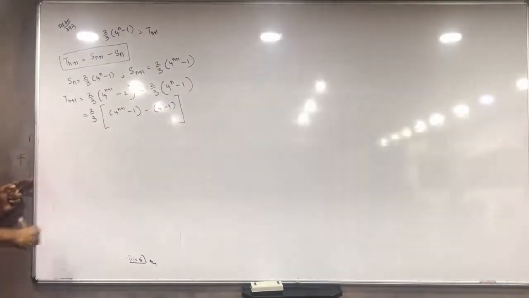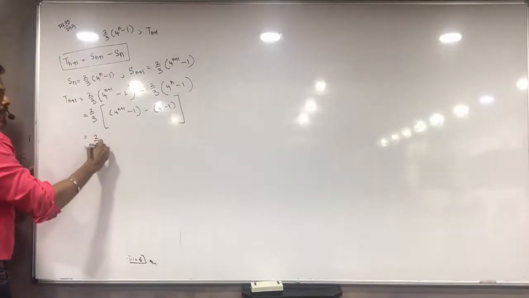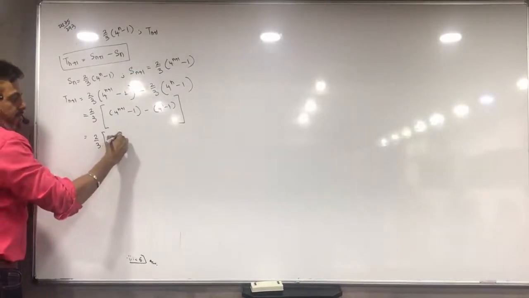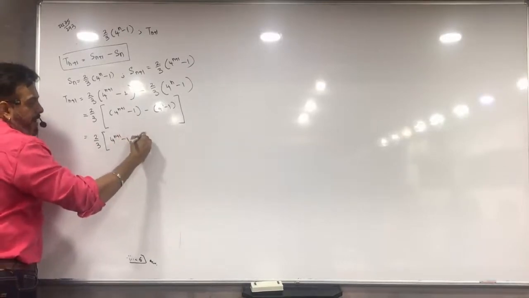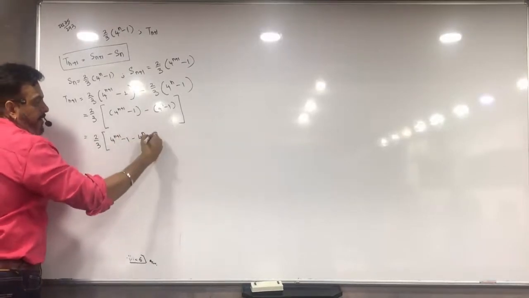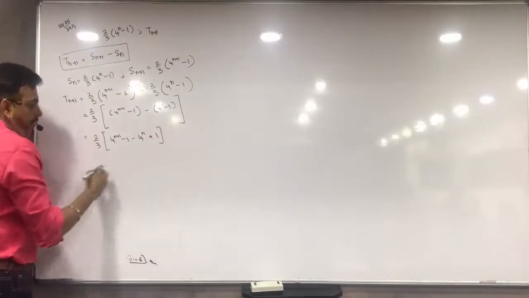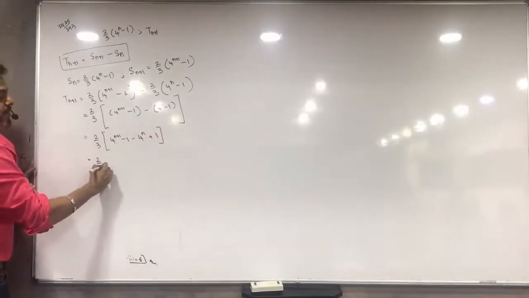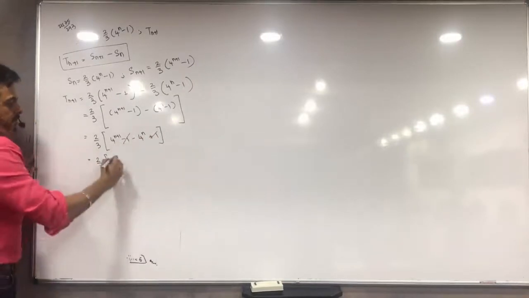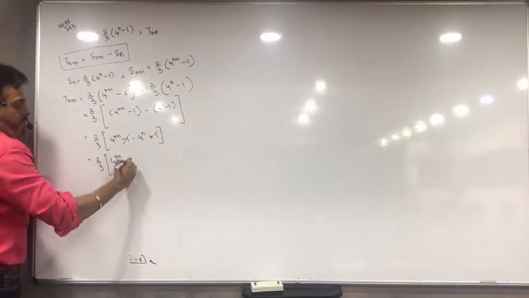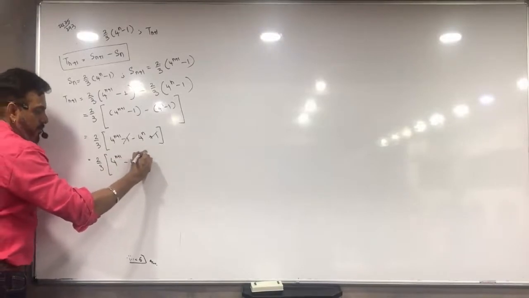Got it? Which is equal to 2 by 3, 4 raised to n plus 1 minus 1. I open the bracket, minus 4 raised to n, minus minus plus 1. Here minus 1 plus 1 cancel. So 4 raised to n plus 1 minus 4 raised to n.